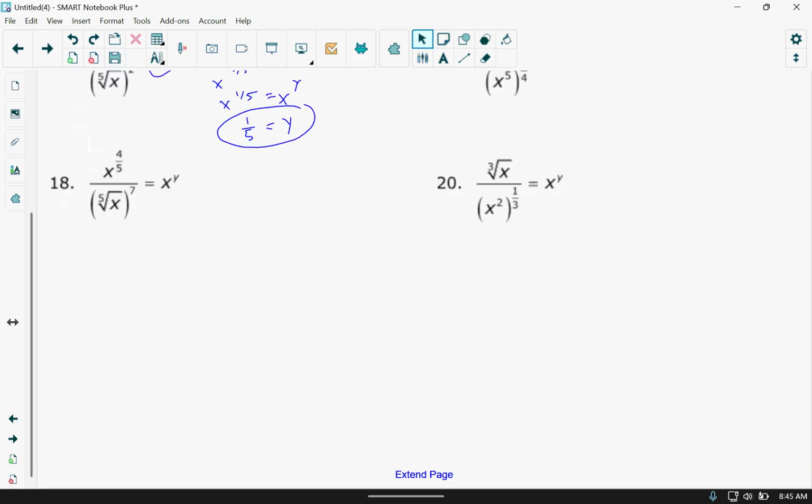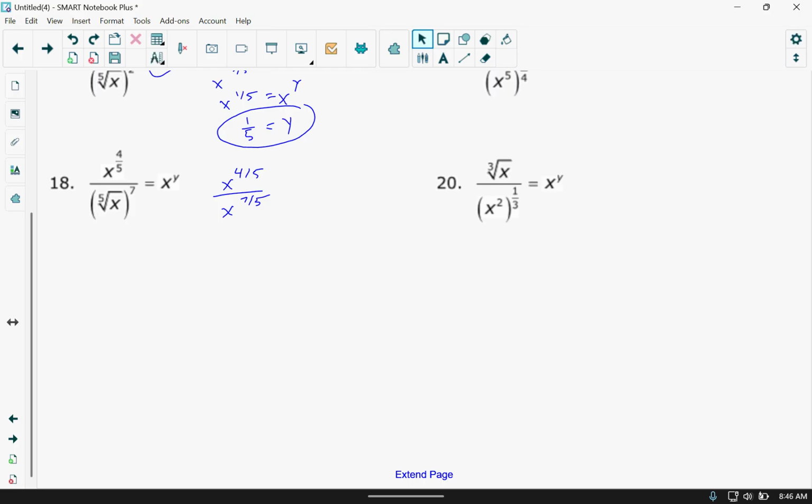Number 18 is very similar, x to the 4/5, and then at the bottom we have x to 5th root of x to the 7th. So I'm going to write this as x to the 4/5 on top, and then at the bottom we'll have x to the 7/5, because the index is always the bottom of your fraction.